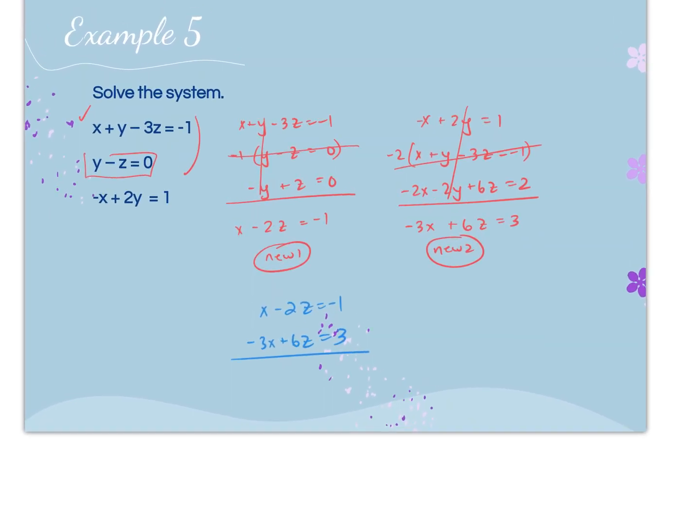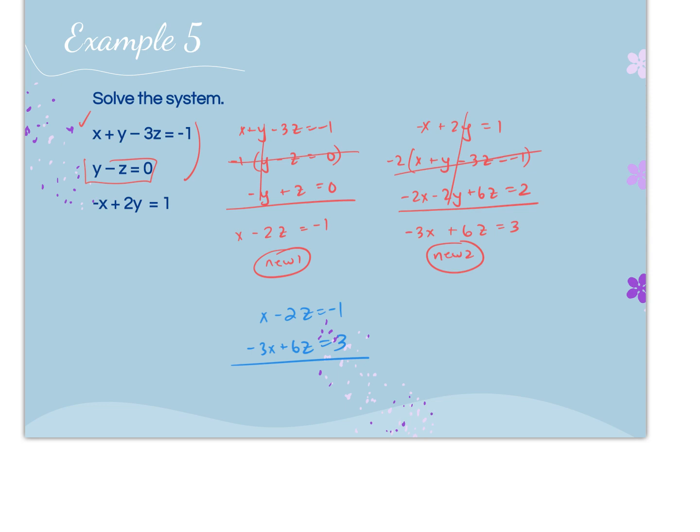So once I get to here, how am I going to work on eliminating this? I'm going to multiply that whole equation by 3. That's going to become 3x minus 6z equals -3, okay? And so then I notice, oh, wow, my x's cancel, my z's cancel, and my numbers. So 0 equals 0.